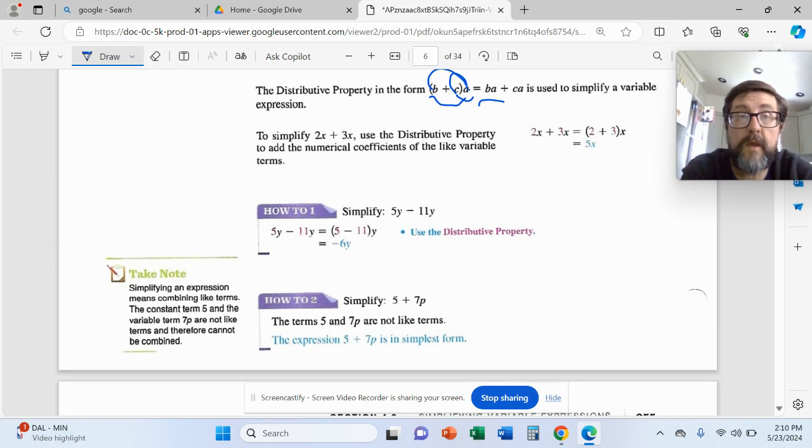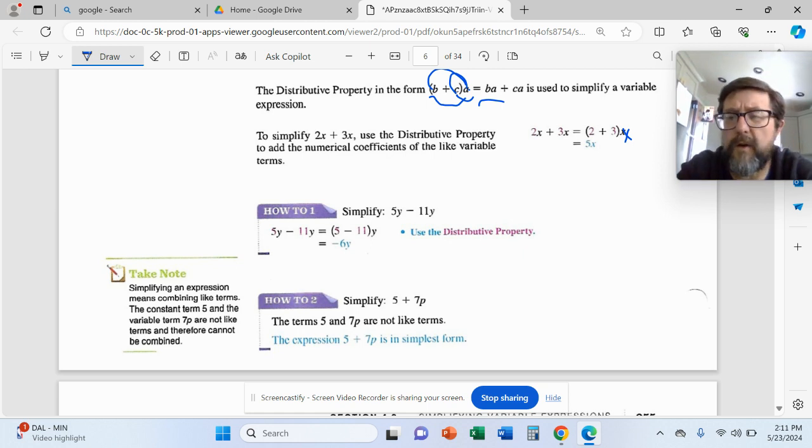So, to simplify 2x plus 3x, use the distributive property to add the numerical coefficients of like variables. So you'll see 2x and 3x are the same. So we can pull the 2 and 3 away from the x. We can put the x outside the parentheses over here, and we just say, well, 2 plus 3 is 5. So we would have an answer of 5x.